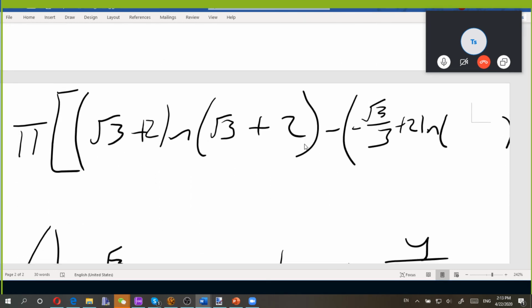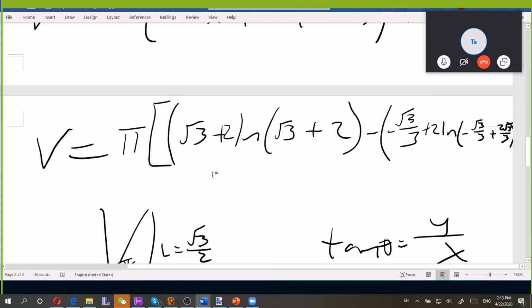So that's the tangent of x, negative root 3 over 3 plus the secant of x, 2 root 3 over 3. Should give you my answer.